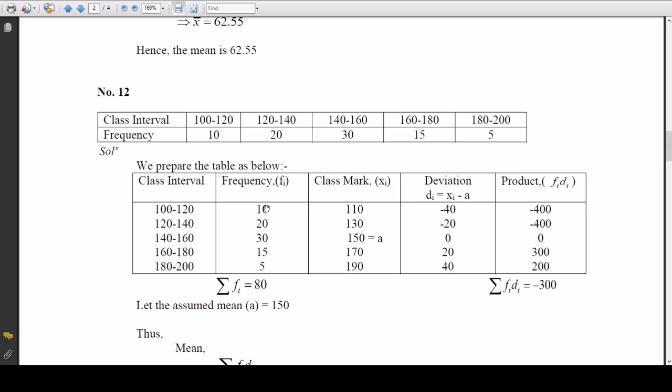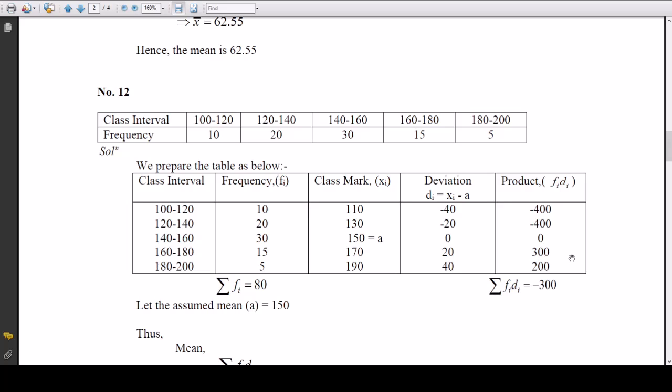Now if you find the product here, frequency 10 multiply 40, minus 400. 20 multiply, minus 400 again. 30 multiply 0, 0. 15 multiply 20, 300. 5 multiply 40, 200. Now the value is a little bit smaller than the previous method, the first method.